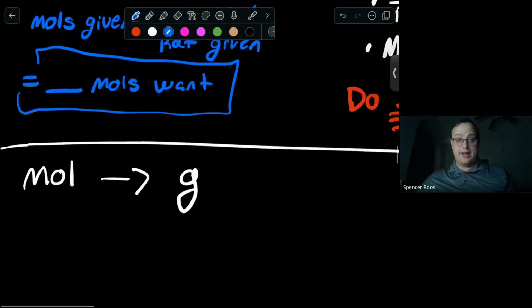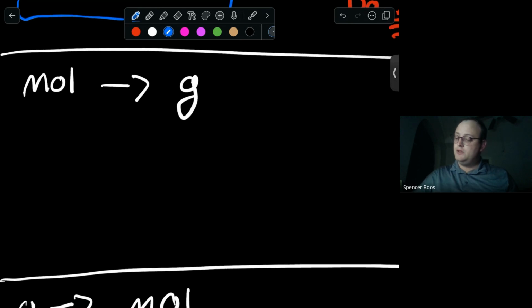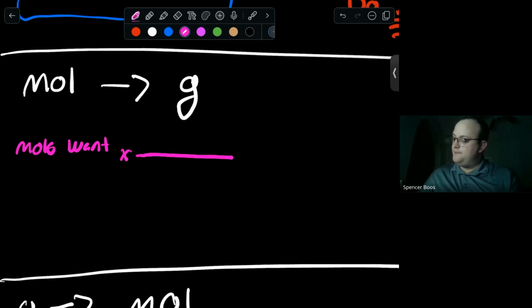For mole to gram, this one is a little bit more involved. We'll change colors for this. This is where you are given something in moles and you want to convert it into grams of a different substance. So we have moles of your given, and we multiply this by your mole ratio of your want on top and your given on the bottom.